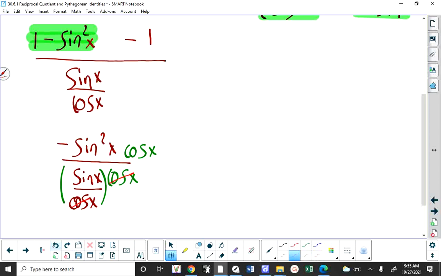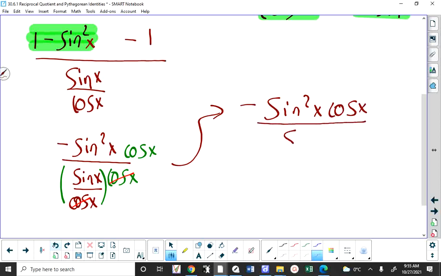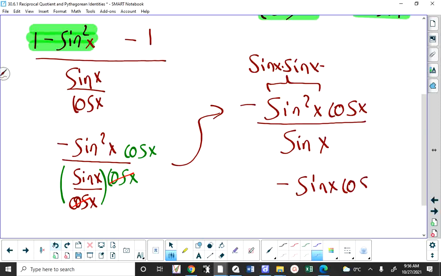I'm left with negative sine squared of x cosine of x over the sine of x, which survived the bottom, and one of the sines on the top and bottom cancel. Again, this is sine of x times sine of x. There are factors. We're multiplying everything, and that's the golden rule: you cancel if you're multiplying. And we're left with, what are we left with? Negative sine x cos x.